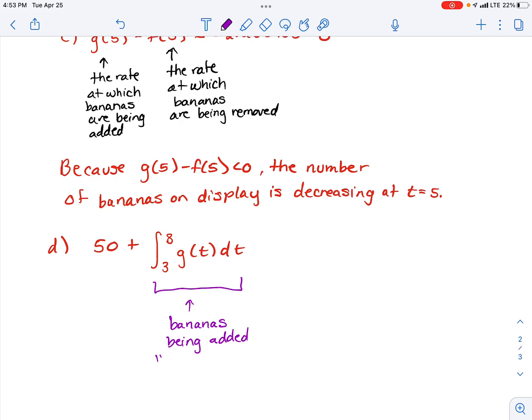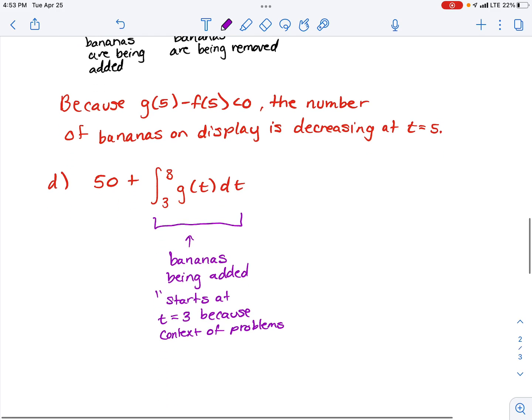So I'm going to write, starts at t equals 3 because context of problem says it doesn't start until t equals 3.